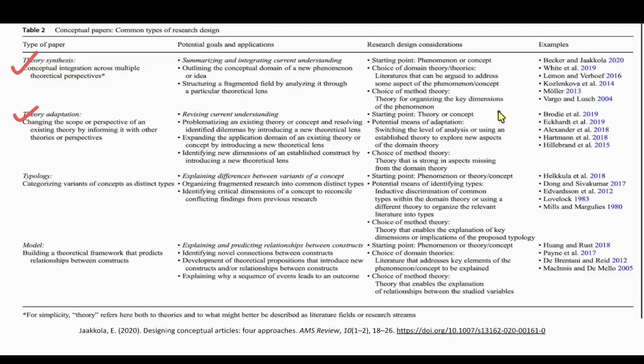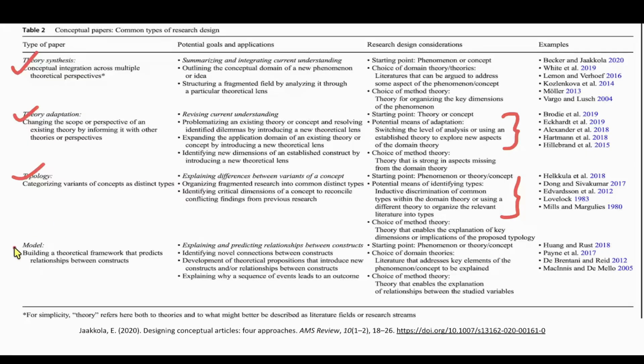What are the major considerations? If it is a typology paper wherein we are categorizing the variants of concepts as distinct types, again, what is the approach we are adopting and how we are doing it? We have to clarify it whenever we are writing a research methodology.